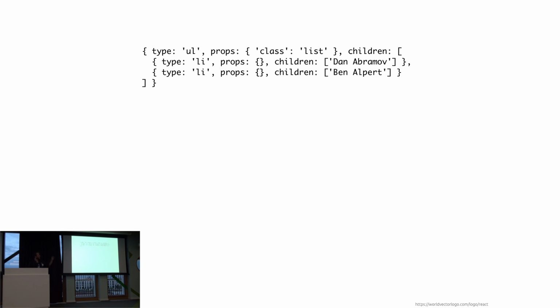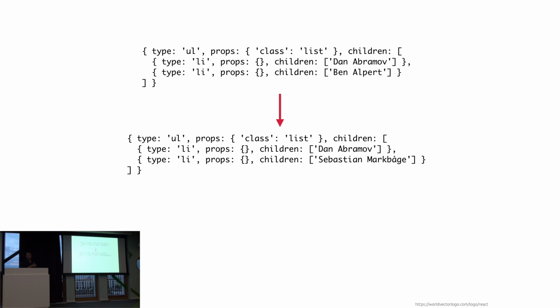So you might have an initial state like that. You have 1 UL with 2 li children, and for one the text is Dan Abramov, and for the other one the text is Ben Alpert. And then you have a state change where you remove Ben Alpert from the list and add Sebastian Markbåge.